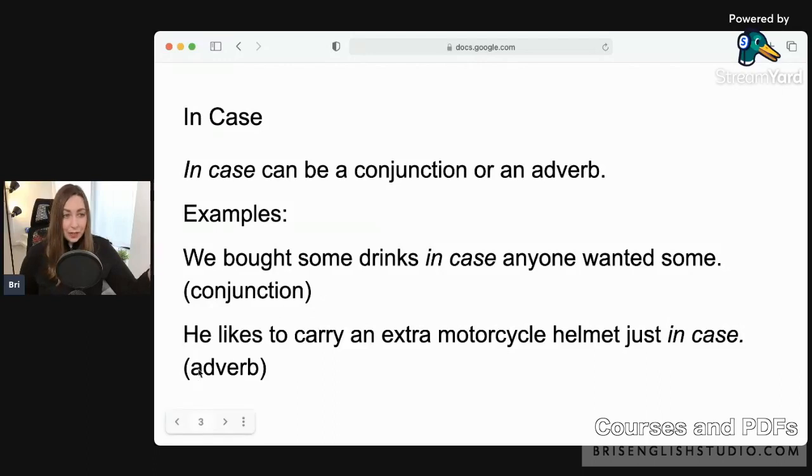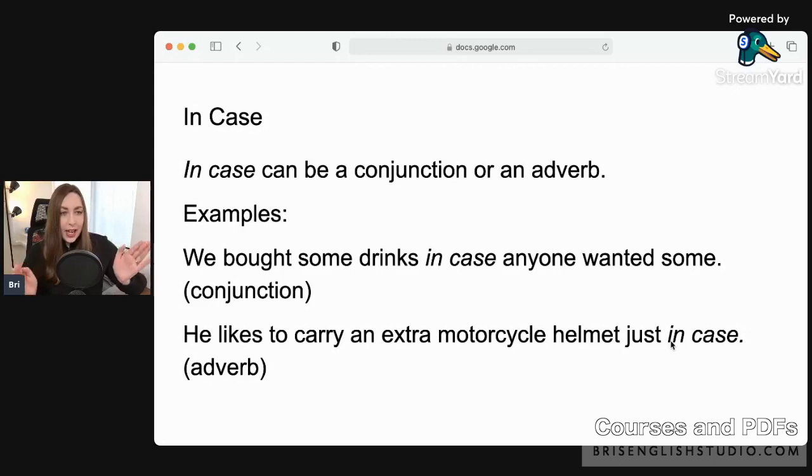Here, it's an adverb. He likes to carry an extra motorcycle helmet just in case. We often use just in case. When we use this, this is an adverb. So when we put in case at the end of the sentence, just in case, we're cutting out part of the sentence.